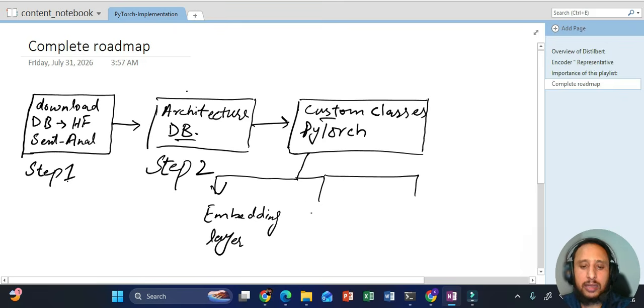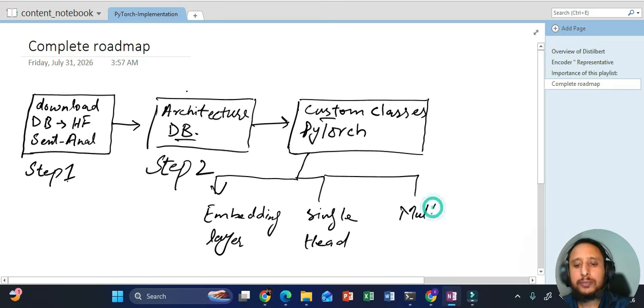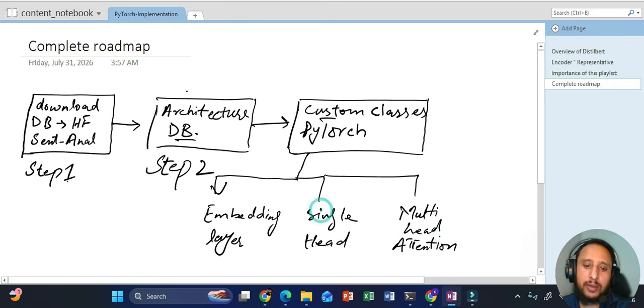Then we are going to start with single head attention, and we will then extend it to multi head attention, where we will be splitting this single head into multiple heads.